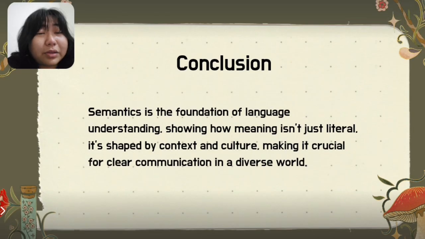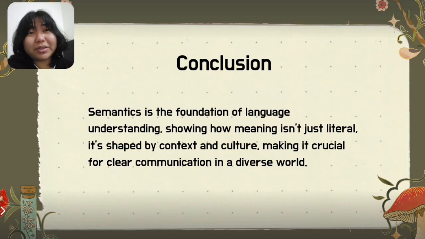And the conclusion is that semantics is the foundation of language understanding, showing how meaning isn't just literal. It's shaped by context and culture, making it crucial for clear communication in a diverse world.